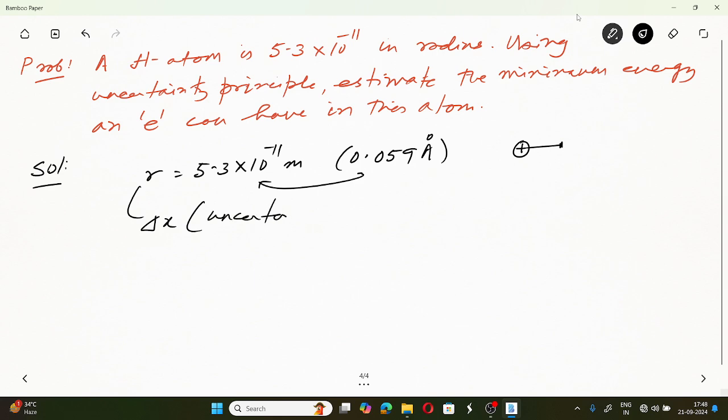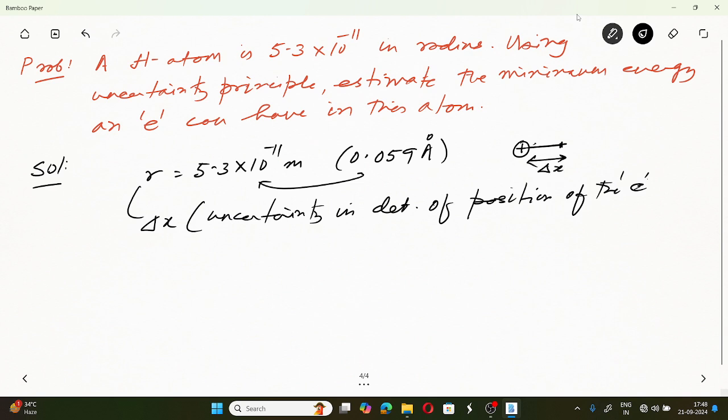So the electron can be present from here to here; somewhere within this range the electron is present. The electron may be present within this range. So this is the uncertainty in the determination of position of the electron.